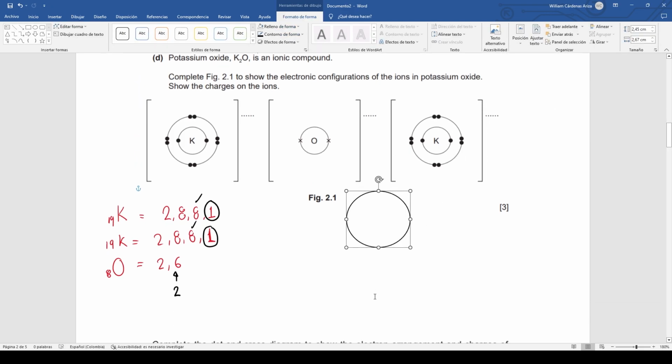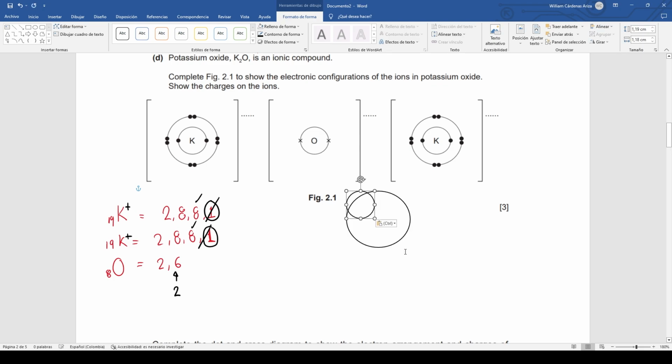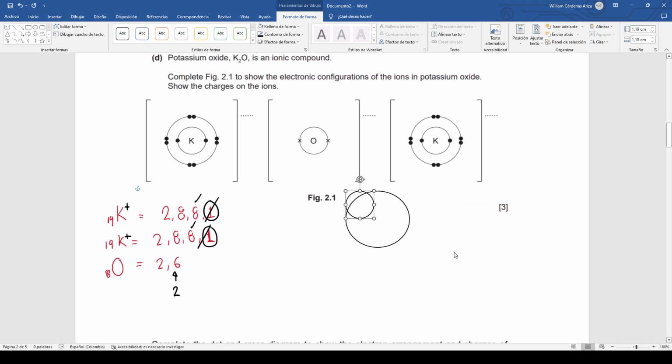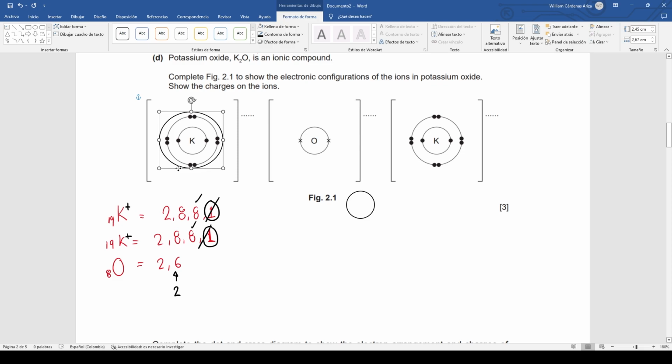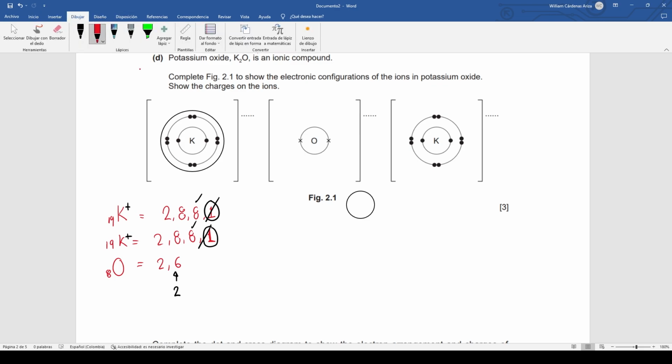So since we know that potassium is going to lose this electron, the potassium ion is going to have 3 shells. So let's do it just real quick. So potassium will have 3 shells. And we can see that potassium has dots, so we will use dots too. And we will need to put 8 electrons here.